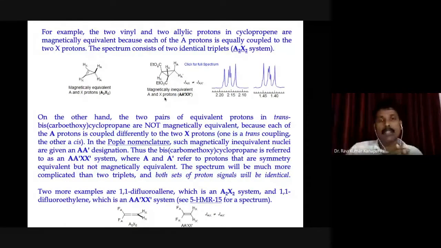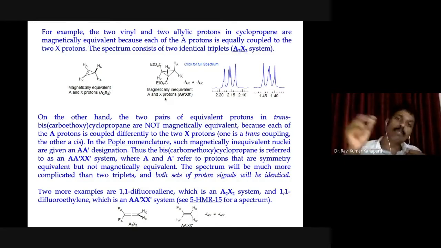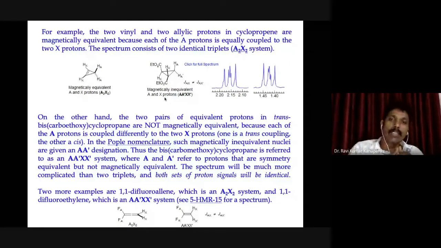The criteria for magnetic equivalence is that, first, they should have the same chemical shift value. The second criterion is that, in order to say two protons are magnetically equivalent, their coupling to the third proton should be the same. Only then we call it equivalent. Otherwise, we call it non-equivalent.